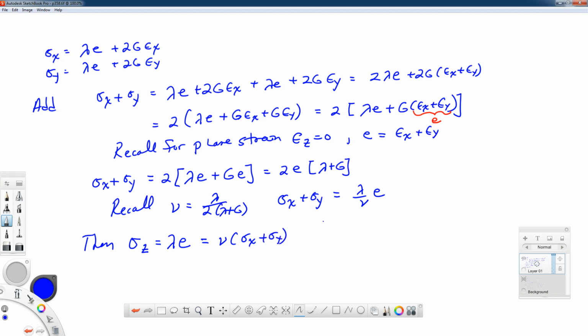We can move that Poisson's ratio over to the other side. And so sigma z is not an independent value when we have a situation of plane strain. So sigma z is dependent on sigma x and sigma y. We're going to use that to our advantage. When we have plane strain, we only have 3 independent stresses. The 4th stress, sigma z, is a dependent quantity.